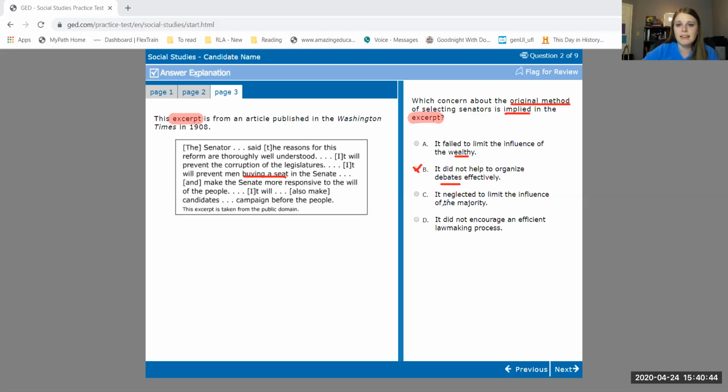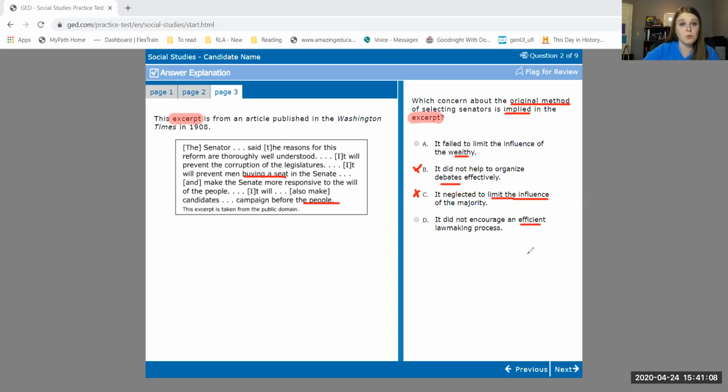Letter C, it neglected to limit the influence of the majority. It doesn't really talk about that at all. In fact, it wants the majority to have the influence, the people. That's the majority of people. So I'm going to mark C out. Letter D, it did not encourage an efficient lawmaking process.